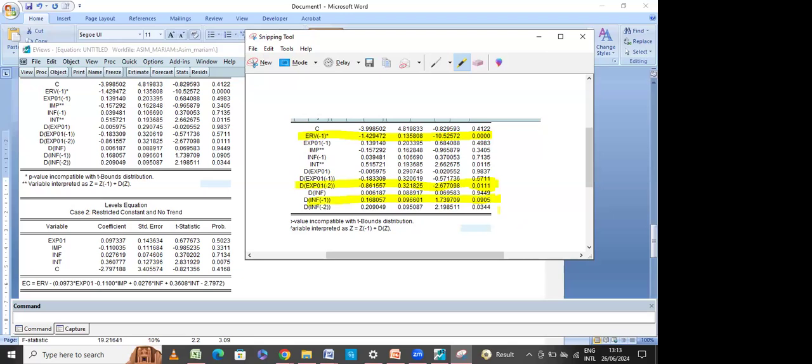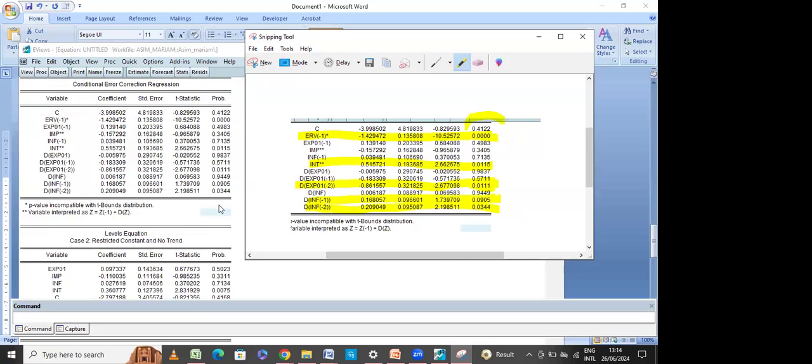Here I have some value, this one down here, which is less than 5%. Here it is less than 5%. This one is less than 1%. So I can interpret my p-value results based on those probability values.